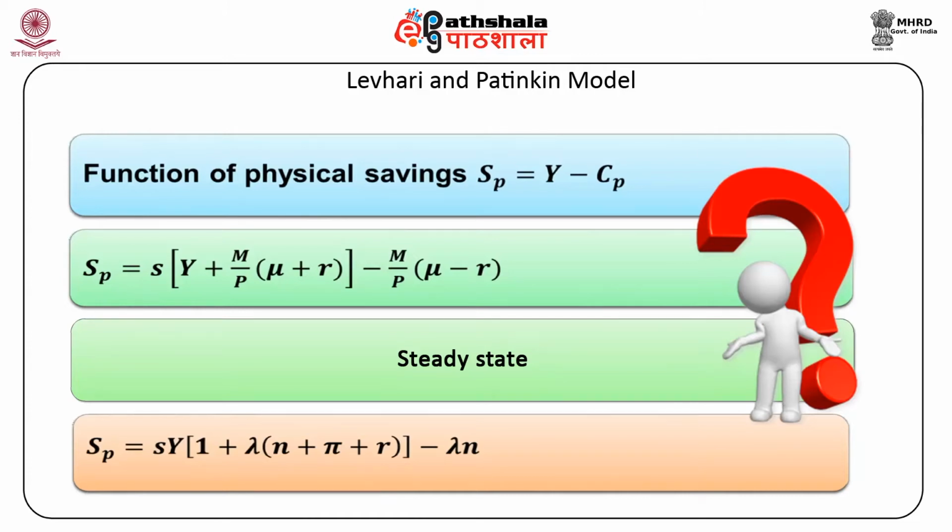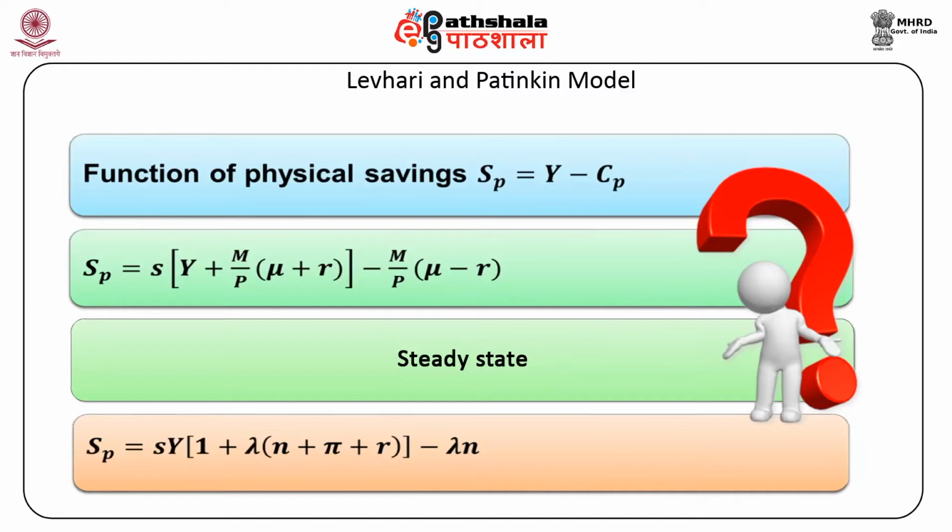Hence, SP can be rewritten as S multiplied with Y plus M upon P into mu plus R, minus M upon P into mu minus R.